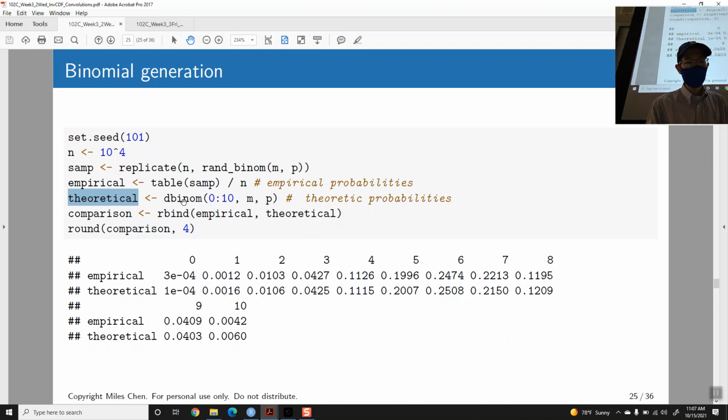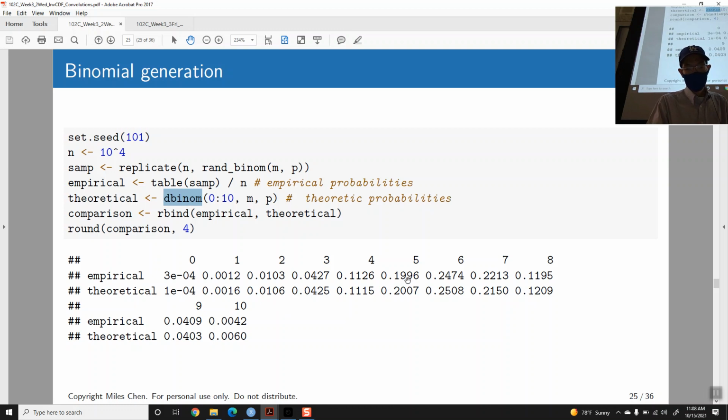For the theoretical, we can just use dbinom from R. We could do it ourselves: 10 choose 0, 0.6 to the 0, 0.4 to the 10, etcetera. And we get pretty close alignment, I think.